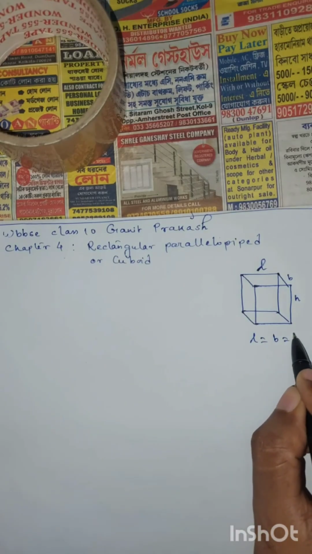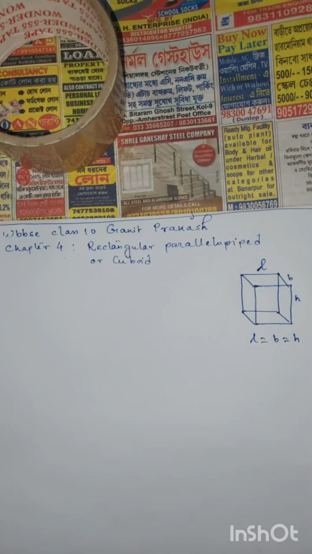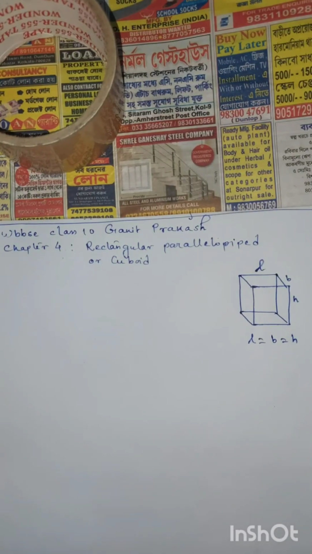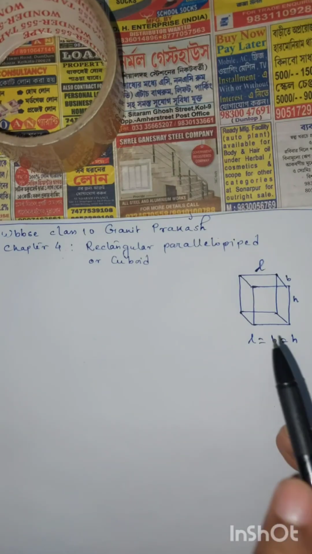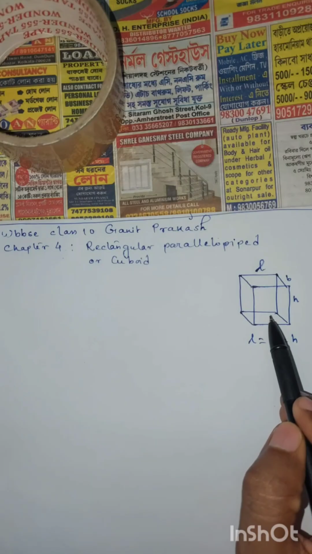Length equal to breadth equal to height. It is bounded by 6 equal surfaces: 4 walls, 1 ceiling and 1 floor.